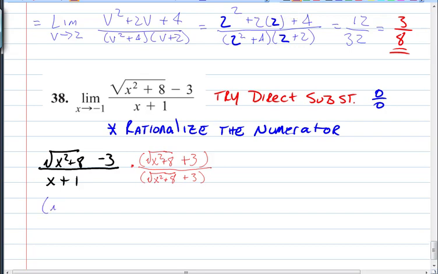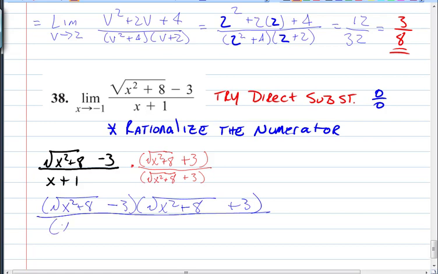Let me rewrite it like this. I have x squared plus 8 minus 3 times the square root of x squared plus 8 plus 3 over x plus 1 times the square root of x squared plus 8 plus 3. When I do this, my numerator becomes what?